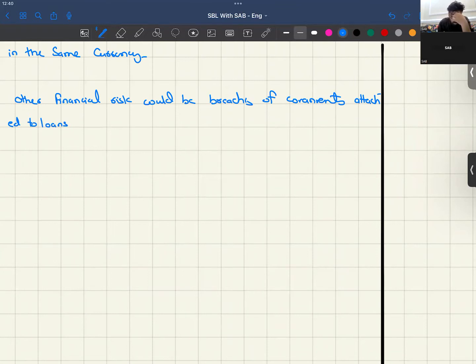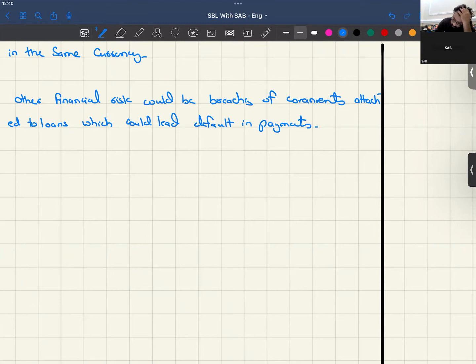So breaching of covenants could be another financial risk which you want to define, which could lead to default in payments, right?